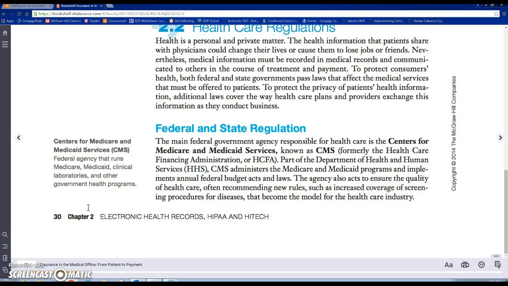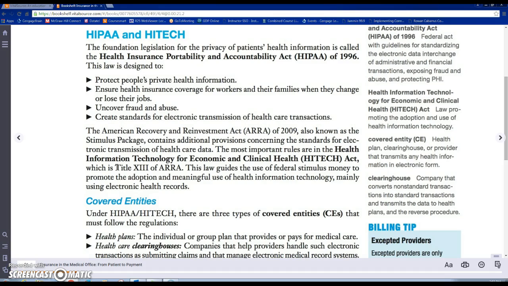Now let's look at some of the regulations as they pertain to healthcare, and probably the main one here is the Center for Medicare and Medicaid Services, also known as CMS. They are a part of the Department of Health and Human Services, and they handle almost anything dealing with healthcare. If you don't remember anything else, you need to remember this, because you're going to have this coming out your ears when you start working in there: learning about HIPAA, the Health Insurance Portability and Accountability Act, excuse me.